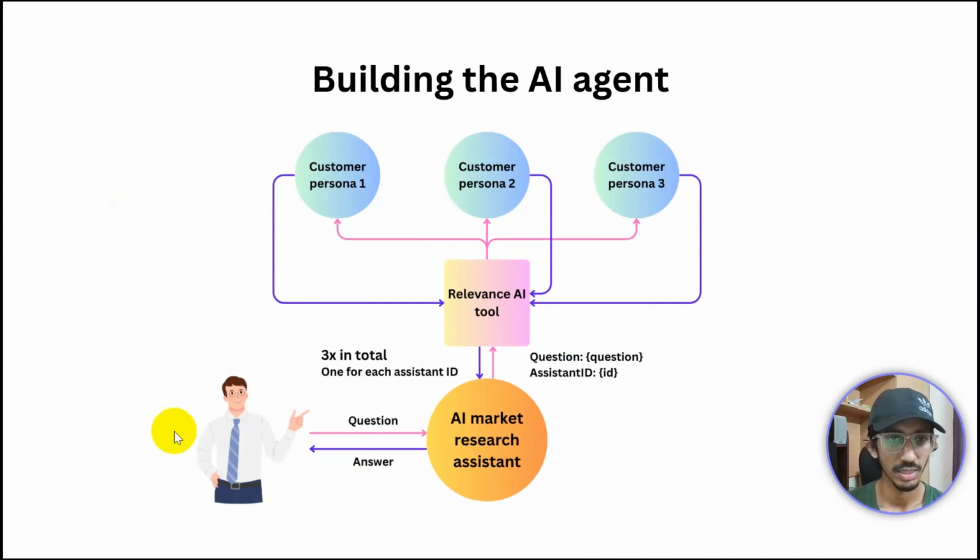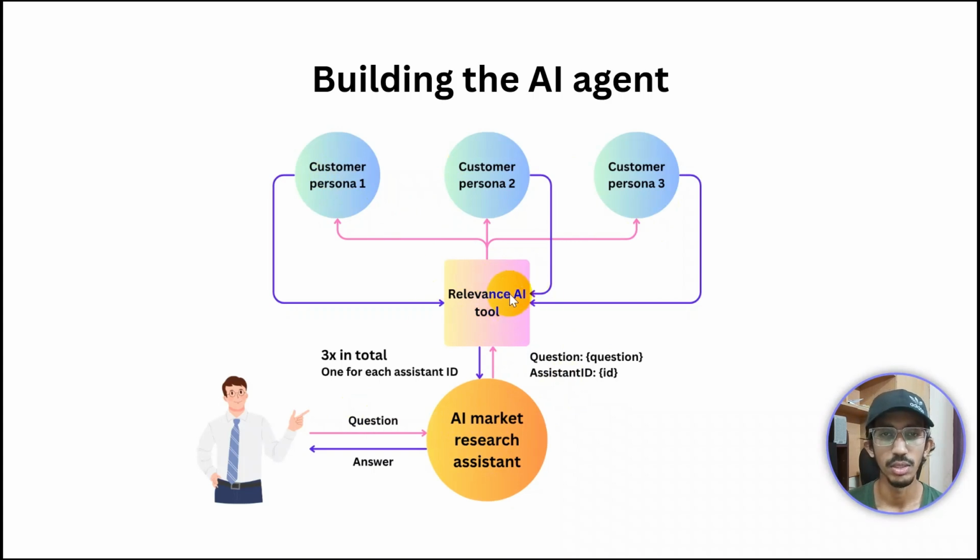So before building the AI agent, this will be our general workflow. At first, it will take in a question from us or the person doing the research. So this is our main agent. And it will pass that question in this format with an assistant ID to call different personas later. So the question will be passed on to the Relevance AI tool, which I'll show you later.